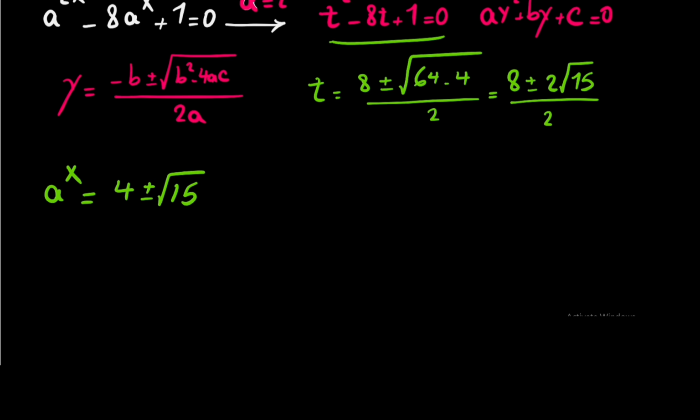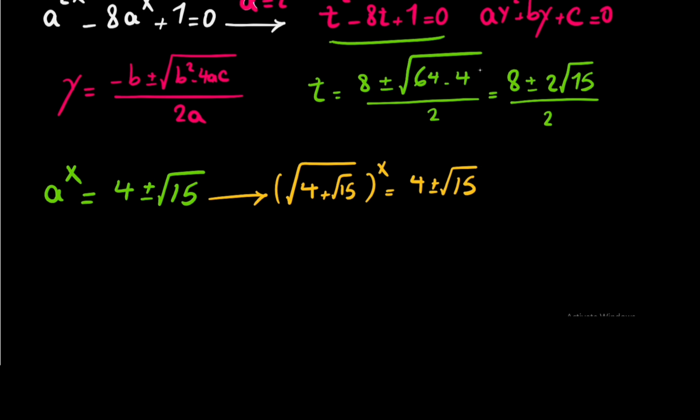So it means we wanted to find x. And if we look at this one, and I told you a was equal to square root of 4 plus square root of 15, to the power of x, and that's equal to 4 positive and negative square root of 15.